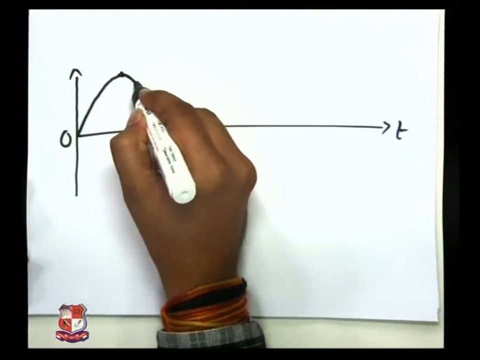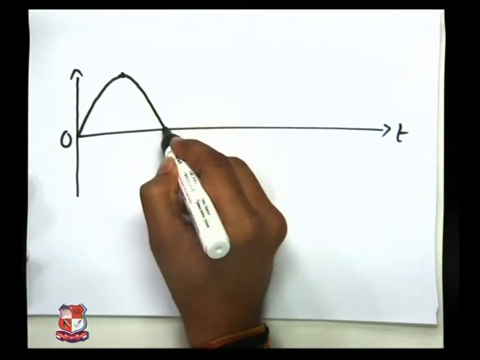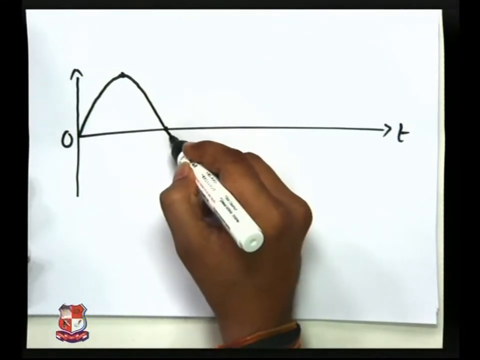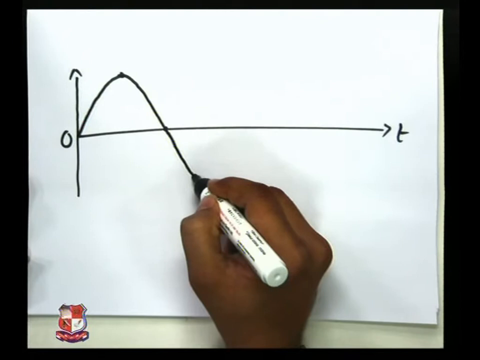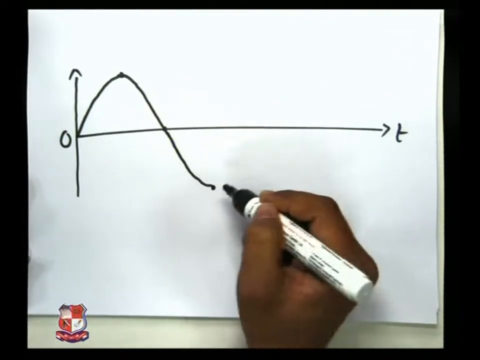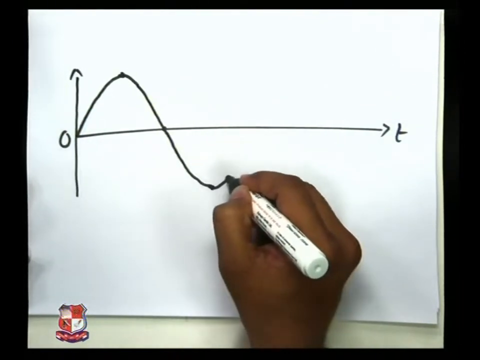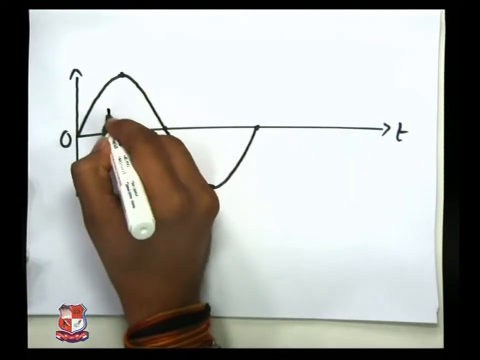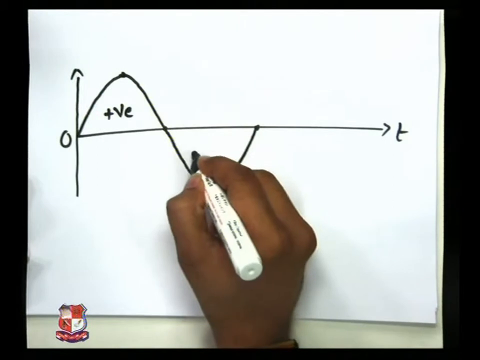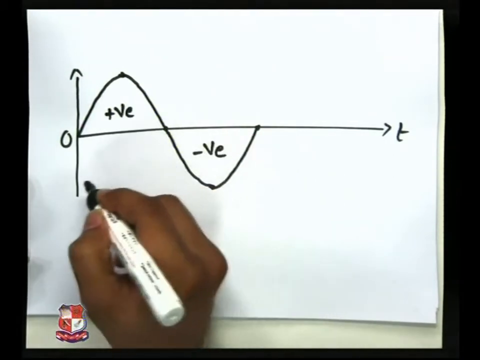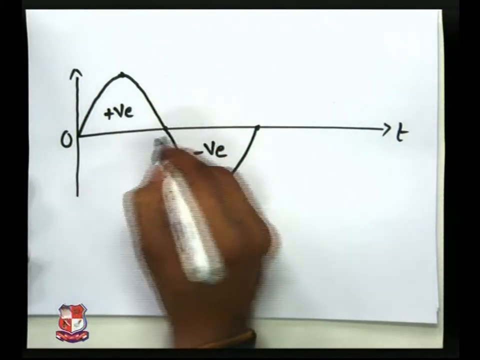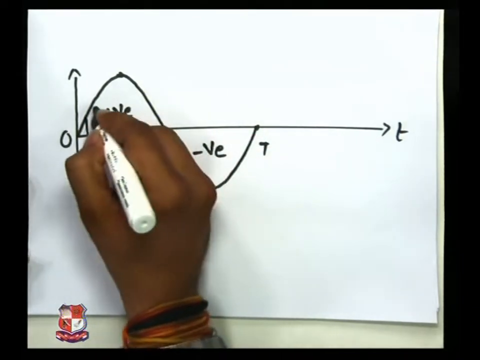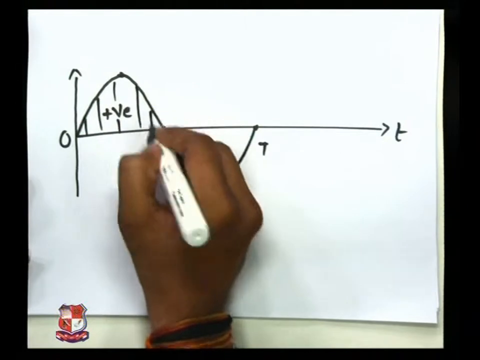Again it starts decreasing slowly, reaches the zero level, and starts increasing, but in the opposite direction. Again it reaches its peak level, starts decreasing, and again reaches zero. So ultimately we get the positive alternation and the negative alternation, and with that you find different time instants.